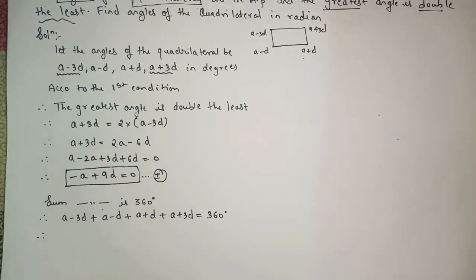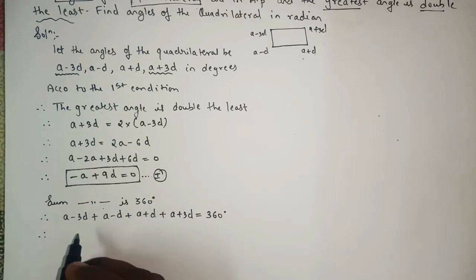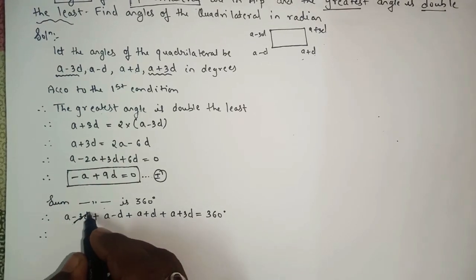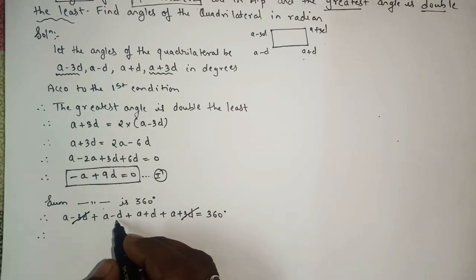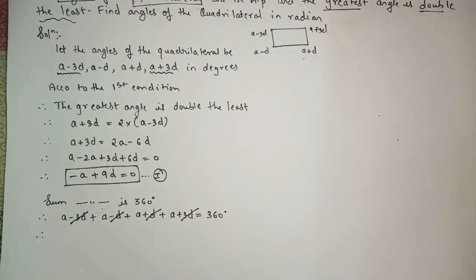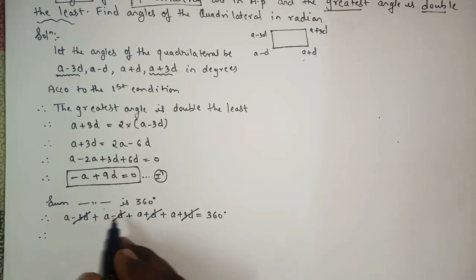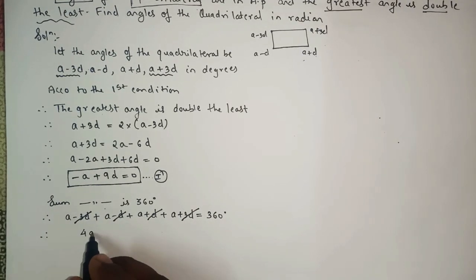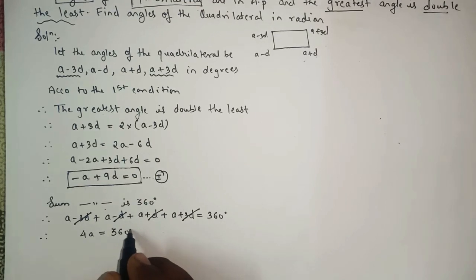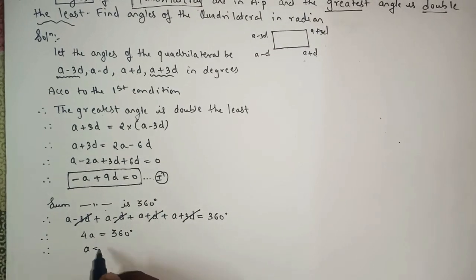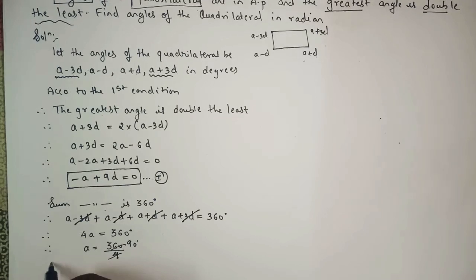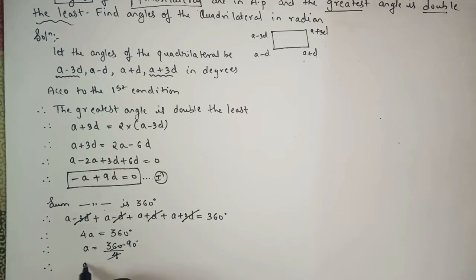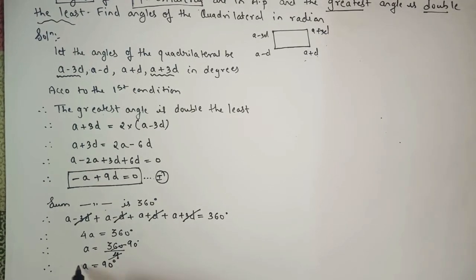So therefore, minus 3D plus 3D will get cancelled, as they contain opposite signs. Minus D and plus D will get cancelled. So we are left with A plus A plus A plus A, which is 4A equals 360 degree. So therefore A will be equal to 360 upon 4, which is 90. So here we got our first answer as A equals 90 degree.